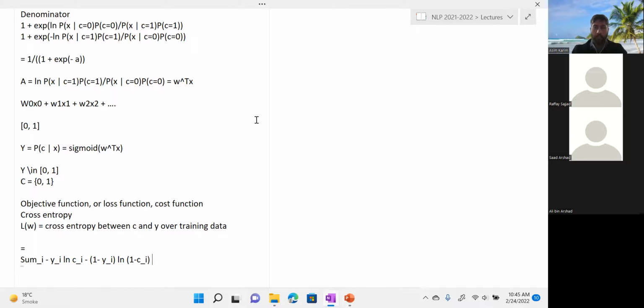I think I wrote it right. The second expression will become 0, and the first one will be 1. Okay, yeah, that's right. So if C is equal to 1, the first expression, the natural log of 1, would be 0.